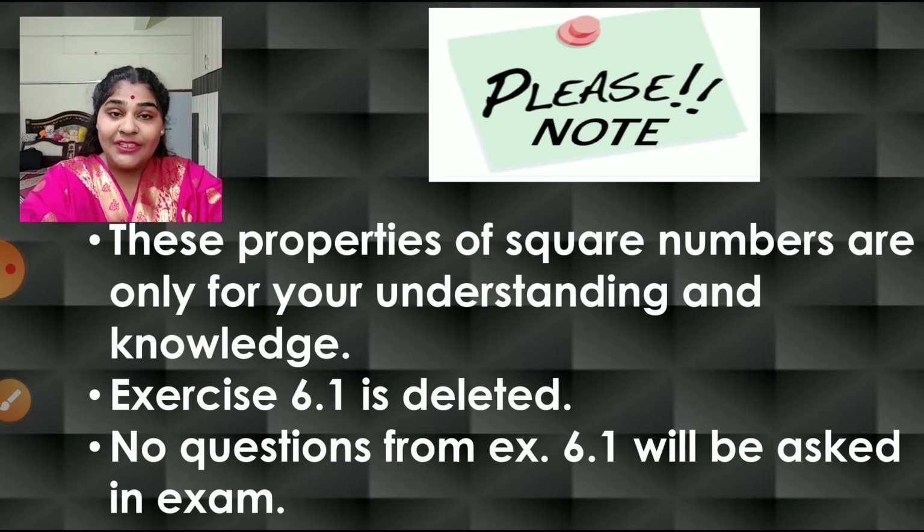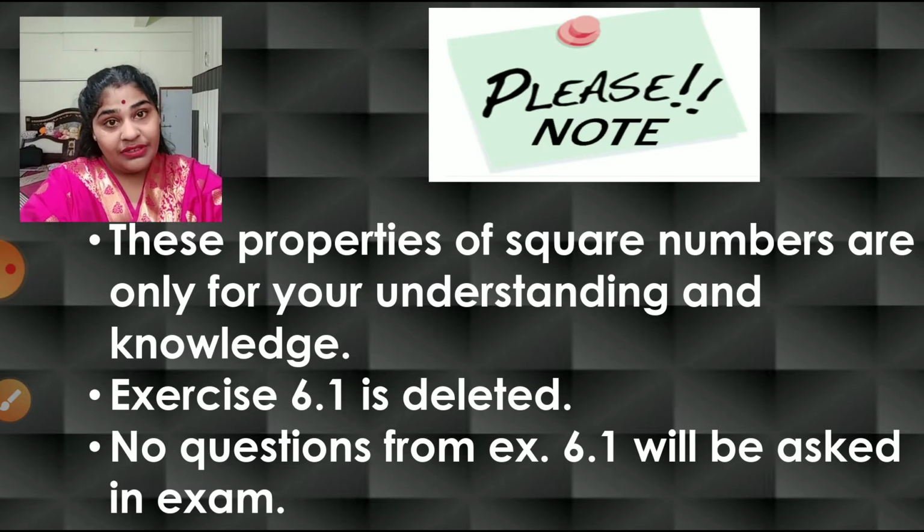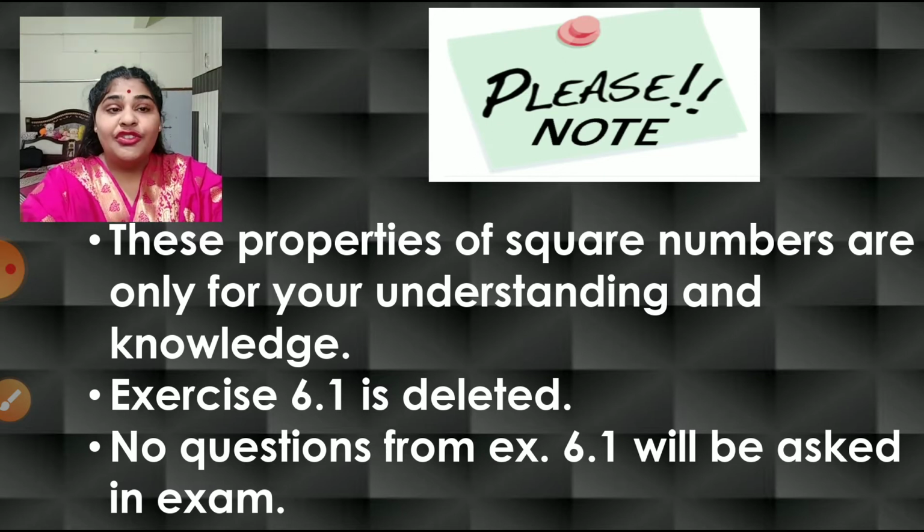Now based on these properties, we have exercise 6.1. But as per the guidelines by the CBSE, we are going to delete 30% of the syllabus, children. So in this chapter, we will be deleting exercise 6.1. Please note, these are important points.